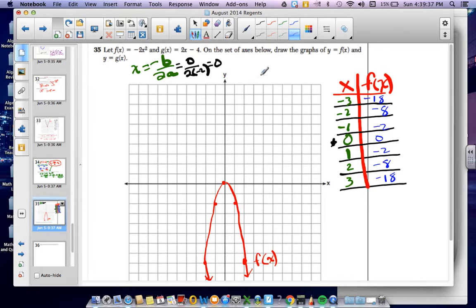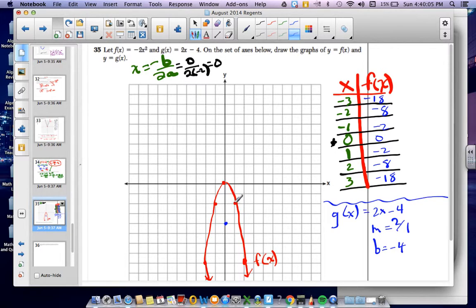So now for g of x we'll slide down here. G of x is linear. This is going to be much easier to graph. Okay, we could graph it using slope, which is the coefficient of x, in mx plus b form. So the slope is 2 over 1, the y-intercept is negative 4. So I'm going to begin at negative 4. 1, 2, 3, 4.